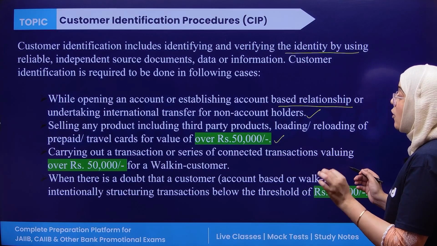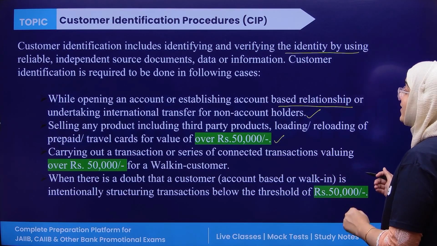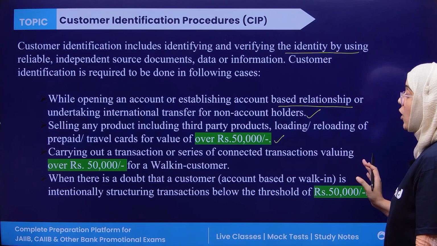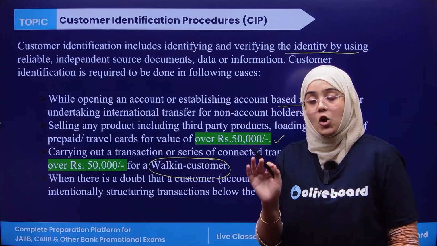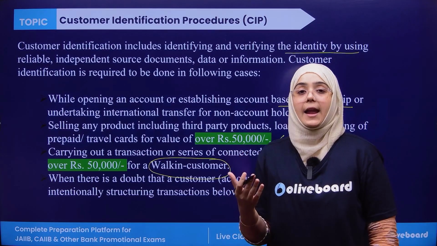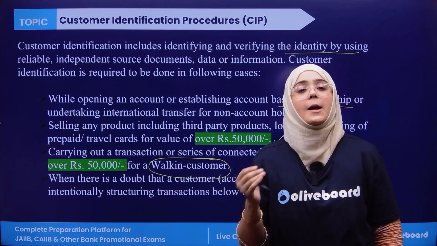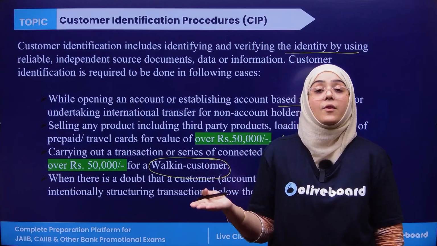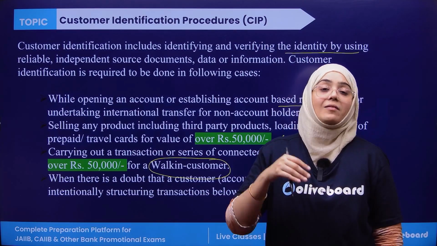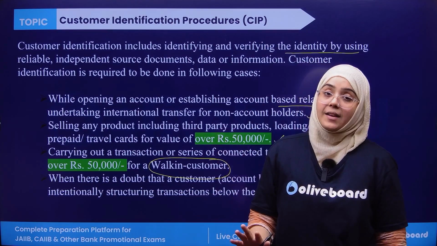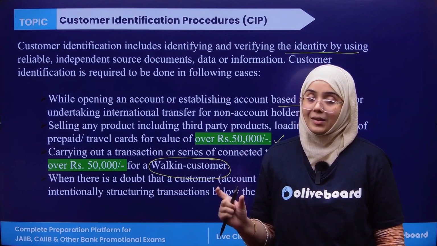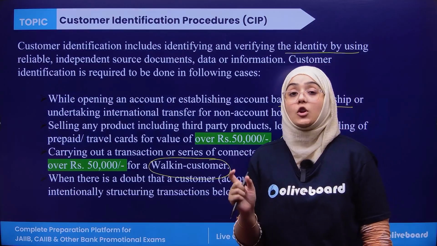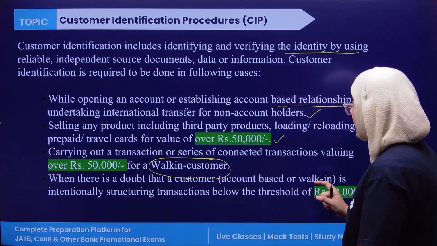Second, carrying out a transaction or connected transactions of value over 50,000 for a walk-in customer. It means if you are a non-account holder in a bank and you just walk in and want to transfer money once in a while, but the money is over and above 50,000, either internationally or domestically, you have to go through this customer identification procedure. It means verification of the document is a must from the bank side.